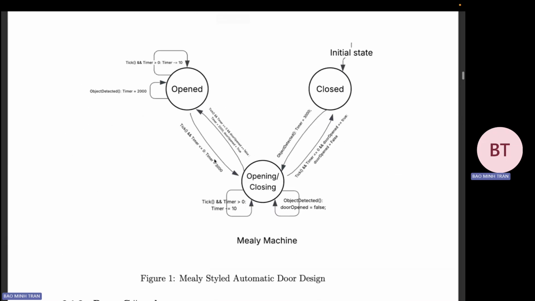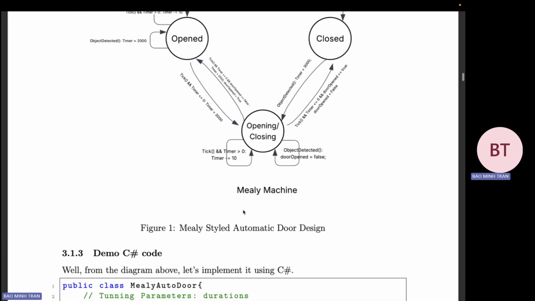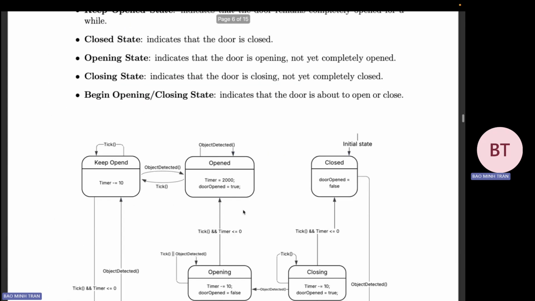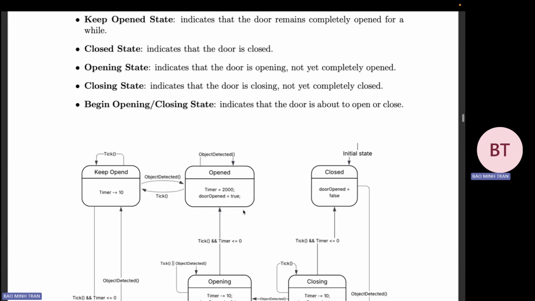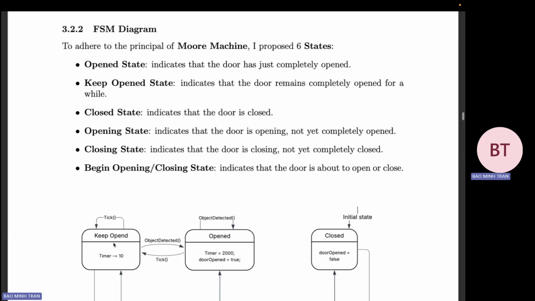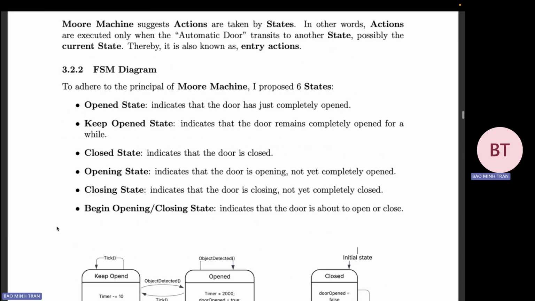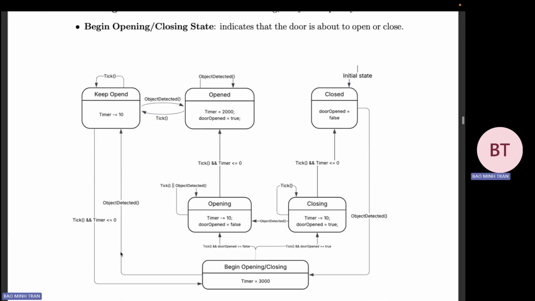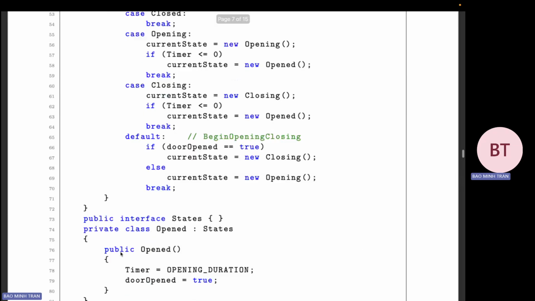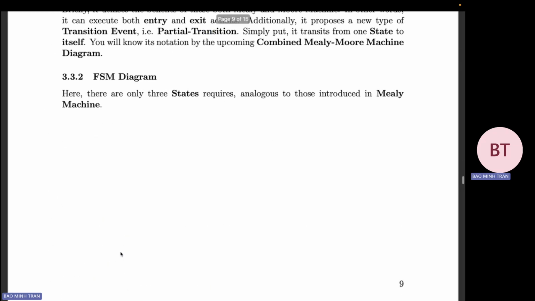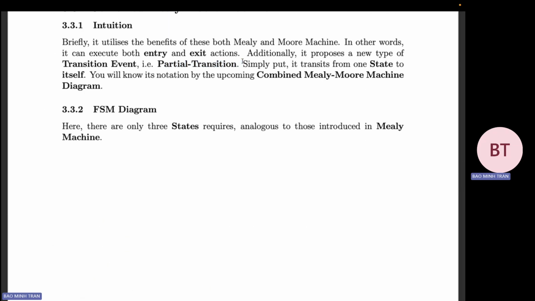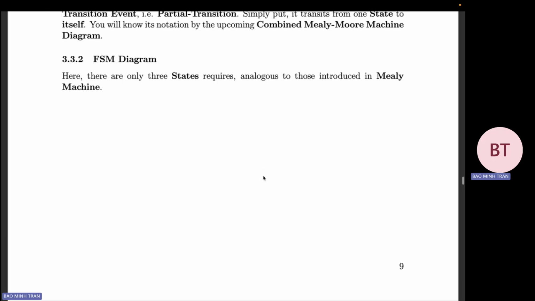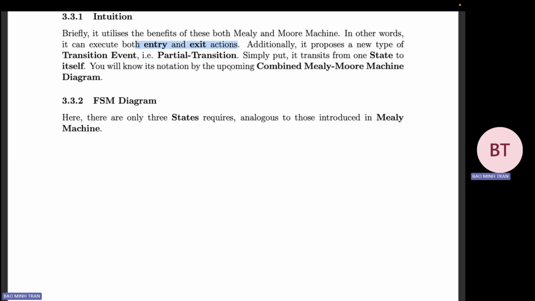These are called exit transitions because the actions are taken when it exits one state. And these are called entry transitions, because they just transit to the other states. Now we have what are called partial transitions. They can execute both things.